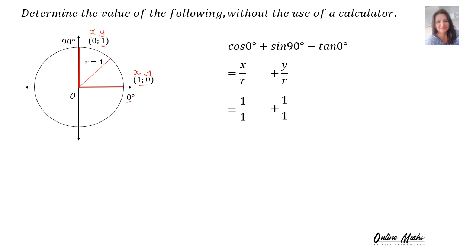And then minus tan 0. We go to 0. Tan's ratio is y over x, and the y there is 0 over 1. Then 1 over 1 is 1 plus 1, and then 0 over 1 is 0, therefore 1 plus 1, and the answer is 2.